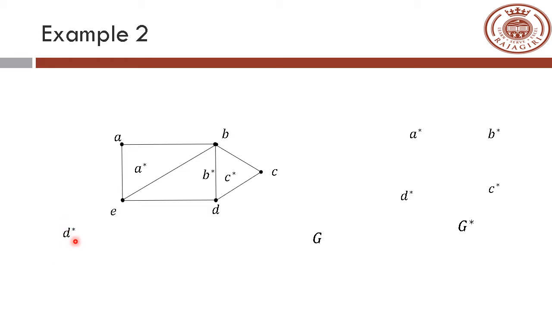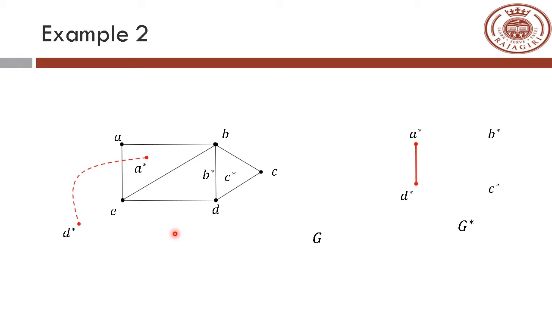So we fix the vertices A star, B star, C star corresponding to the interior faces, and for the exterior face we denote a vertex D star. Its geometrical dual is constructed by placing a vertex in each region, including the exterior and interior regions, and if two regions have an edge in common, join the corresponding vertices.